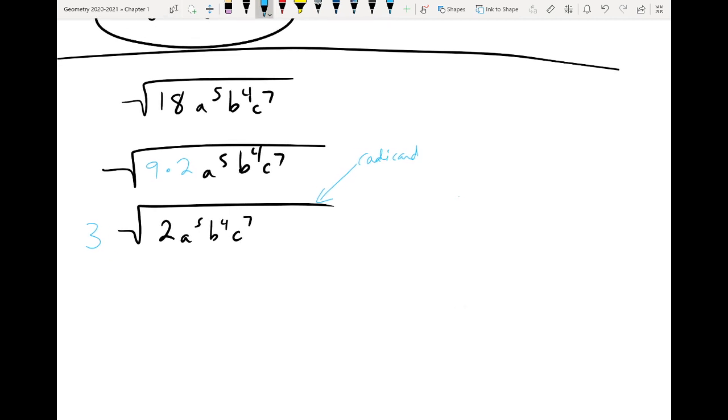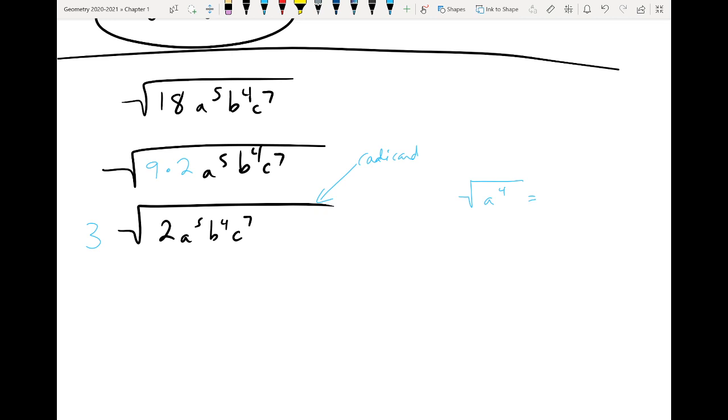Now, little sidebar over here. If we had the square root of a to the 4th, there's a little implication here. When there's nothing on the radical, it means that we're taking the second root, or the square root. Remembering that exponents are a shortcut for multiplication, and to undo those is when we take the root.